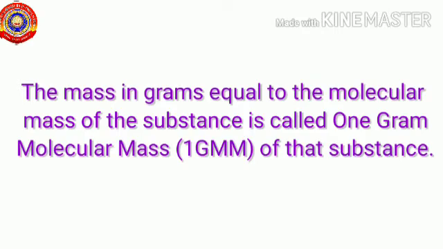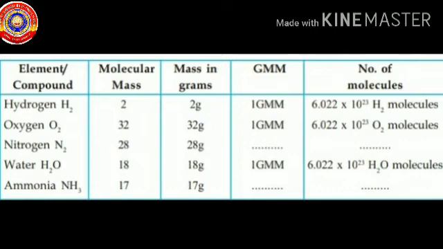Remember, if the mass in gram is equal to the molecular mass of a substance, then it is termed as 1 GMM. Now closely observe this table. What is the relation between the mass of elements and compounds and the number of molecules present in them? Children, did you see? For all, the mass in gram equal to its molecular mass is expressed as 1 GMM.